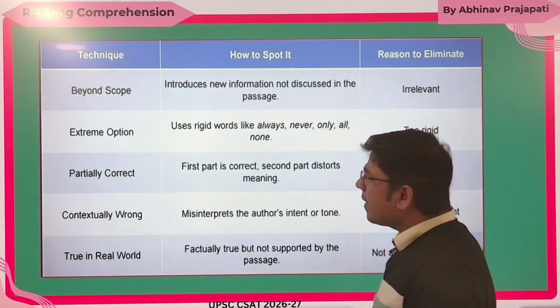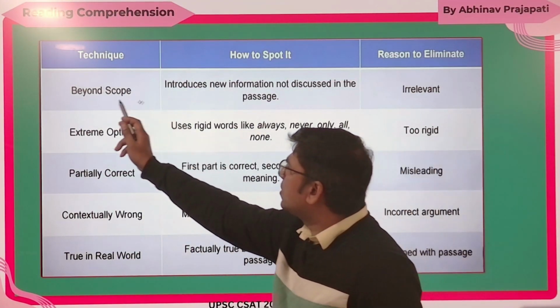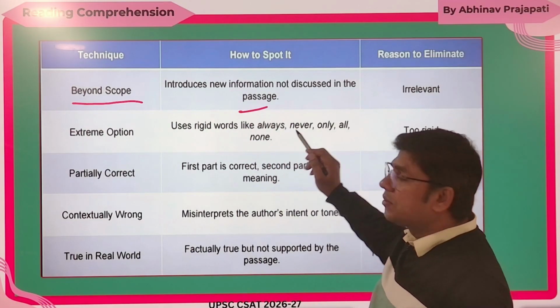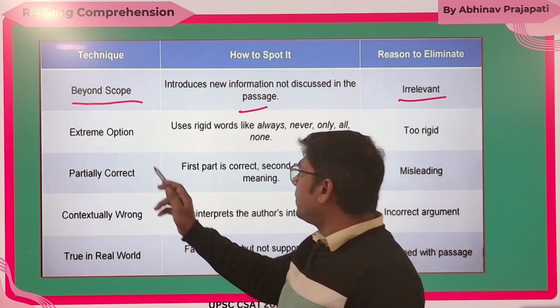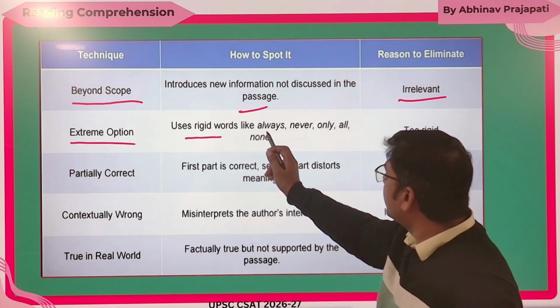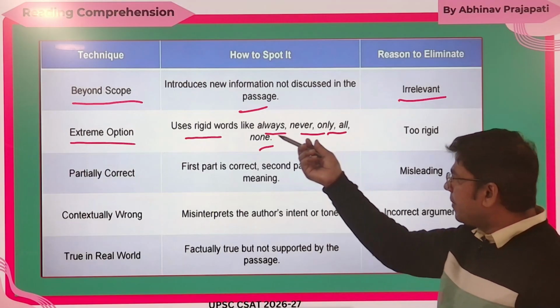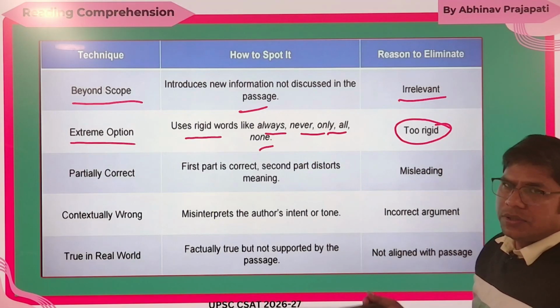Now let me summarize the techniques we have discussed. First, beyond the scope of the passage: it introduces new information not discussed in the passage, so it is irrelevant. Extreme option: uses rigid words like always, never, only, all, none, so it should be avoided as too rigid to be correct.